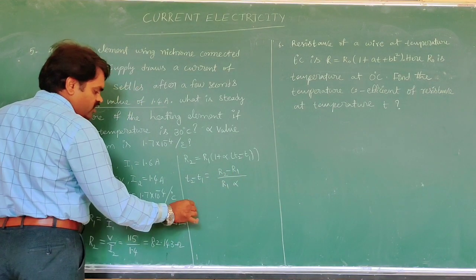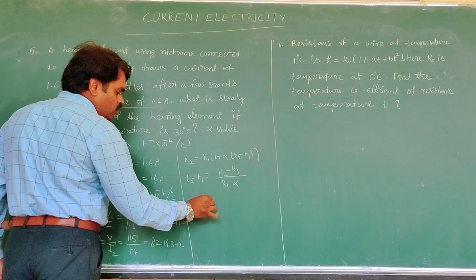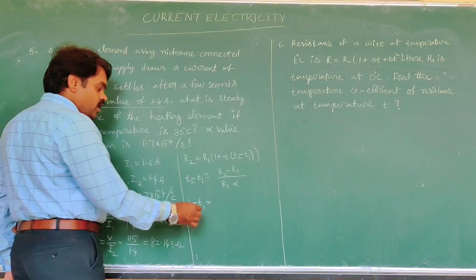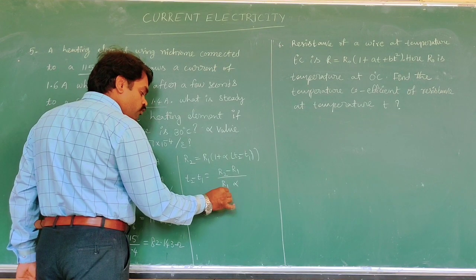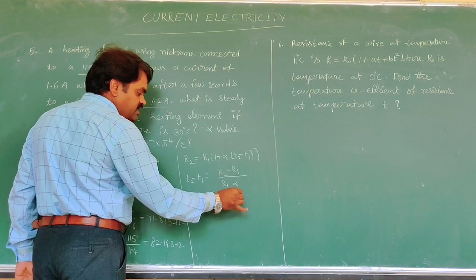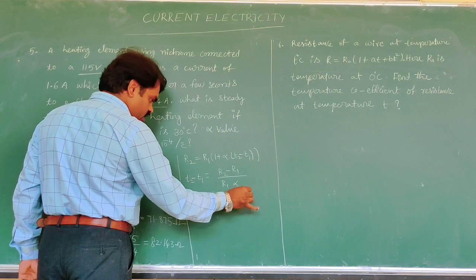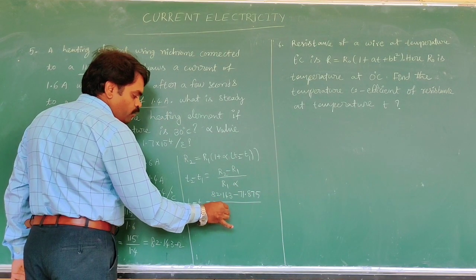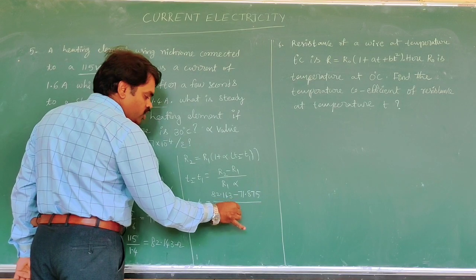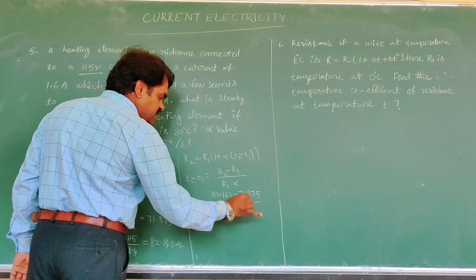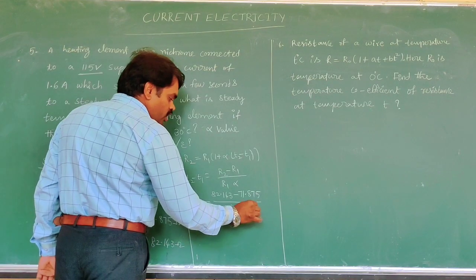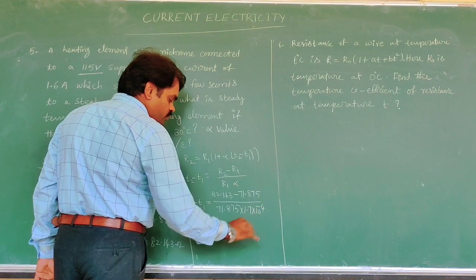Then we substitute: R2 is 82.143 minus R1, 71.875, by 71.875 into the alpha value 1.7 into 10 to the power of minus 4.